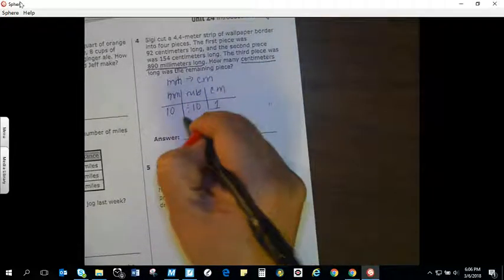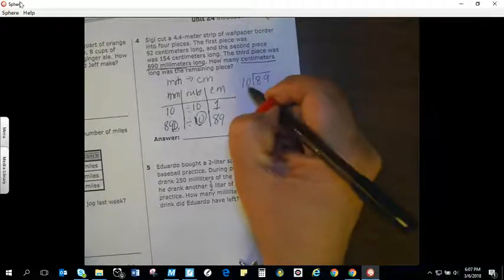Now I have 890 millimeters divided by 10. Well, I have my 1 place value. I'm going to move that over, and it's going to give me 89 centimeters.